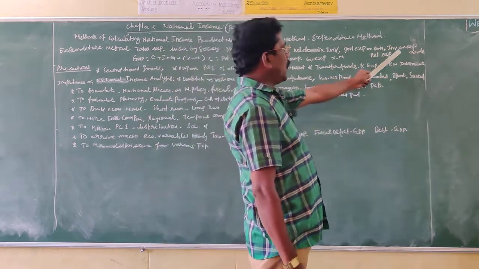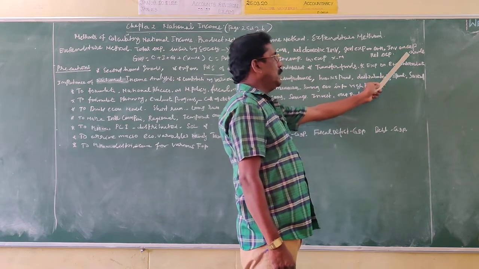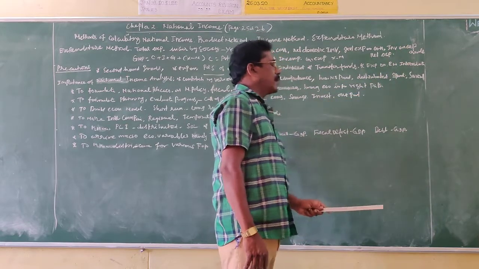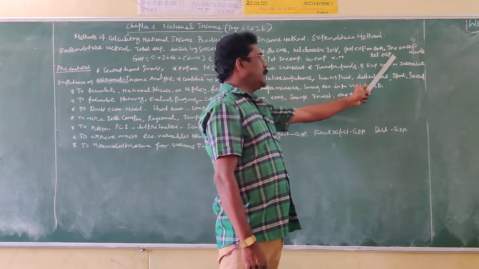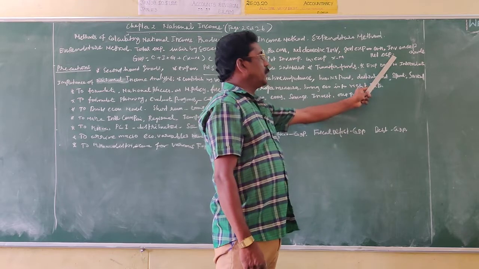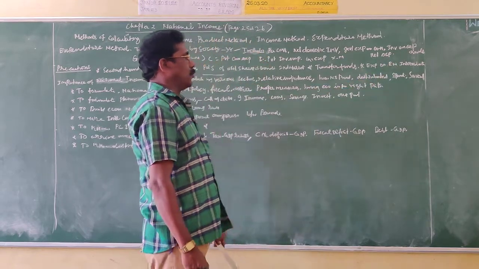Then investment on capital goods, how much amount is invested on capital goods. Then net exports, that means the difference between the total amount of exports minus the total value of imports.